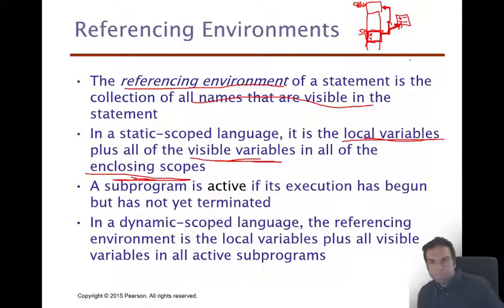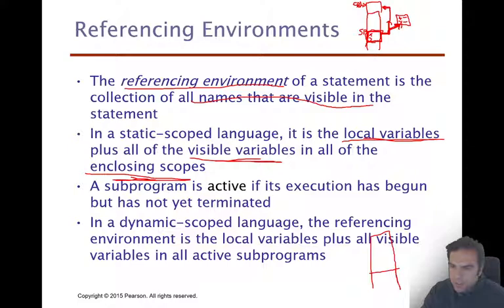They may or may not be on the call stack. In a dynamically scoped language, your referencing environment is your local scope, and if you can't find it there, you just look one step up the call stack, and you just keep scooting up the call stack, right? So it's much more simple.